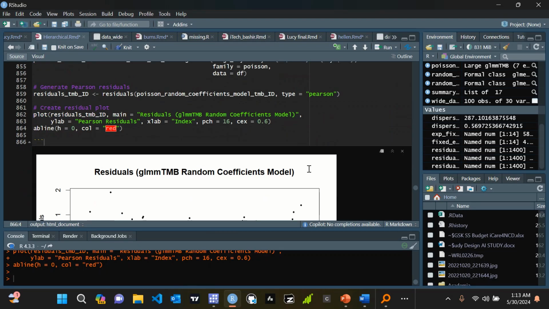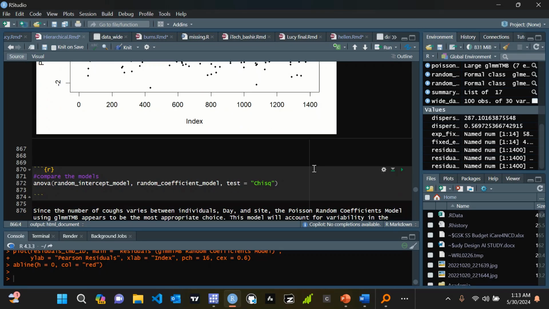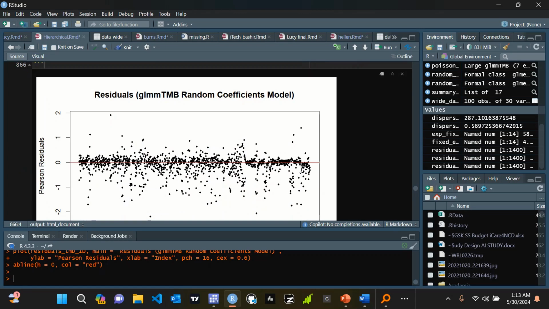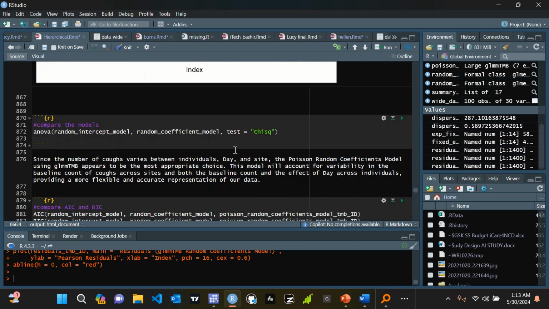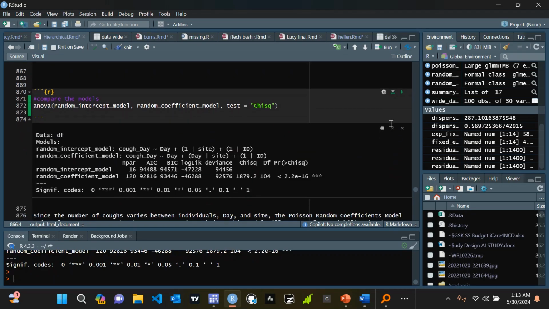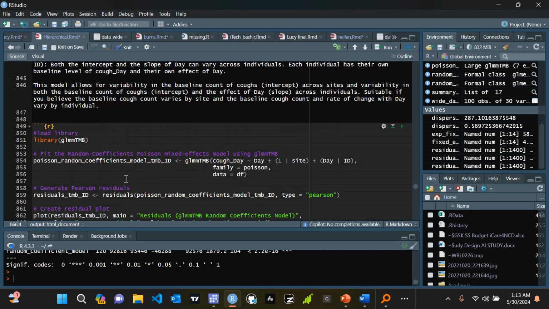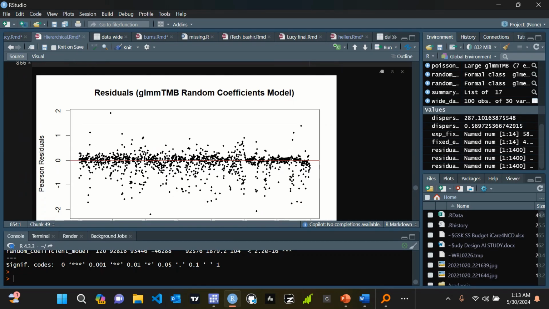You see? So by doing a statistical test, we see that this is the best model for our data. And when we do the ANOVA test, we can see also that the chi-square is statistically significant for the random coefficient model, which is this one we have said.